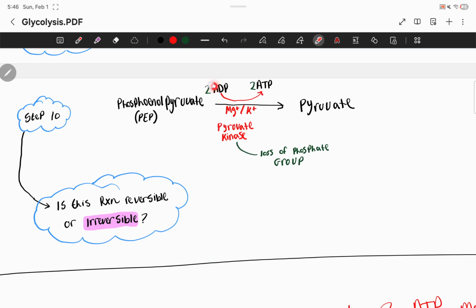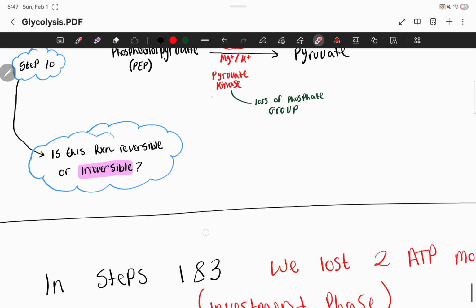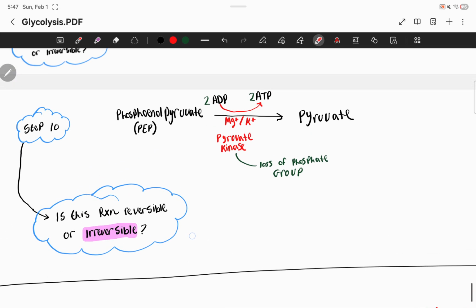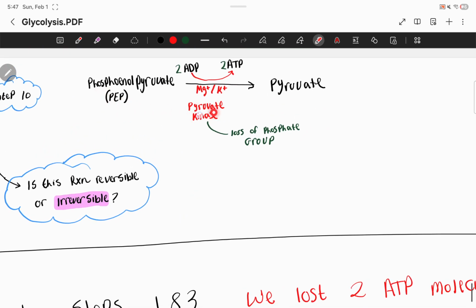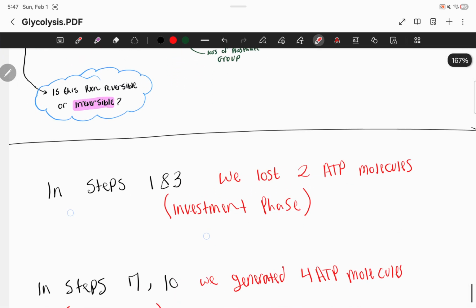So we have 2 ADP molecules, which will give us 2 ATP molecules. Then we have our ions as cofactors, magnesium and potassium. And the enzyme needed for this reaction to proceed is called pyruvate kinase. Kinase stands for the loss of a phosphate group, okay?